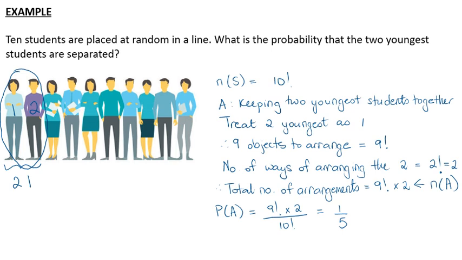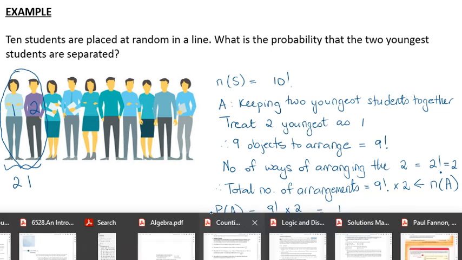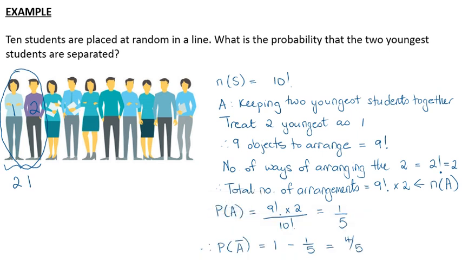But what we want is the opposite of that. We want keeping them separated, which instead of A would be not A. So we're going to subtract the 1/5 from 1, giving us 4/5. So the probability of keeping the two youngest students separated would be 4/5.